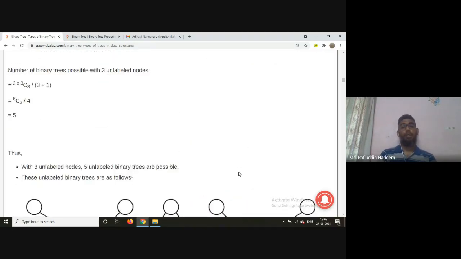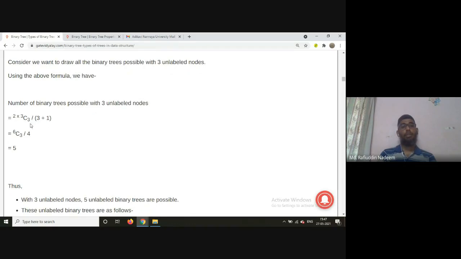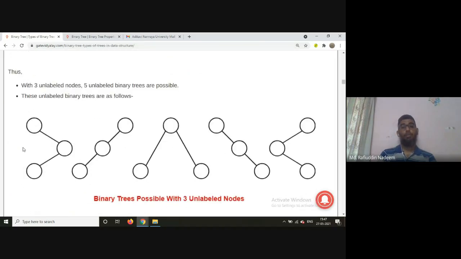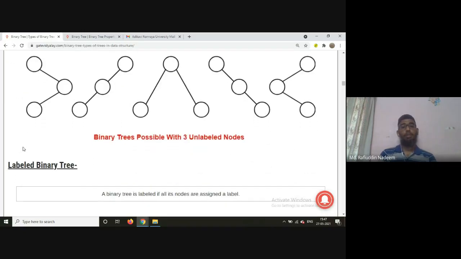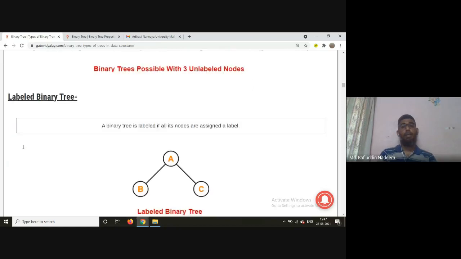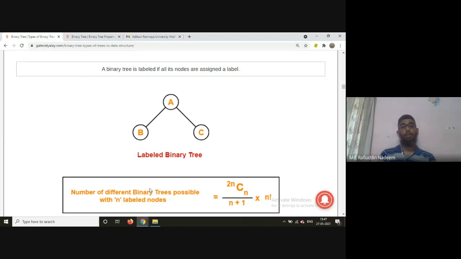If you take the number of unlabeled nodes as 3, then it is 2 into 2C3, that is 6C3 by 4, which gives 5 different kinds of binary trees. Then you have the labeled binary tree, where we can have labels. The number of different binary trees possible with n labeled nodes is 2n C n divided by n plus 1, into n factorial.